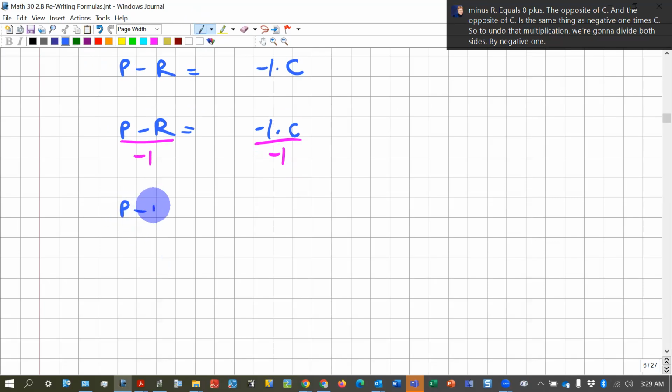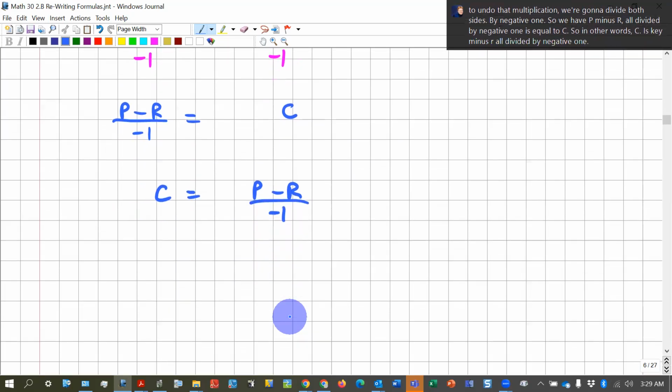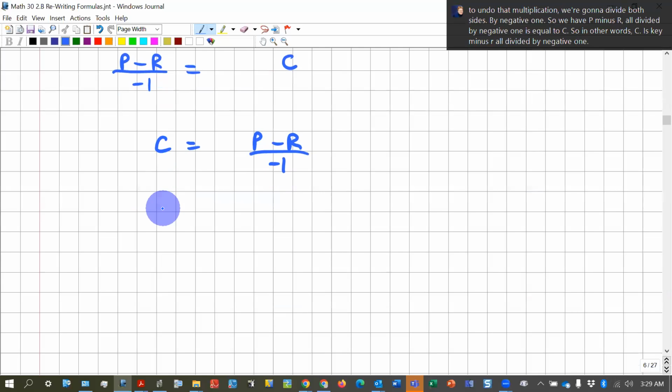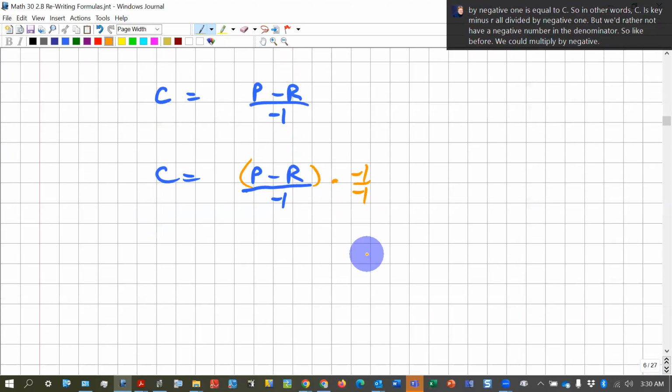So we have P minus R all divided by -1 is equal to C. In other words, C is P minus R all divided by -1. But we'd rather not have a negative number in the denominator. So like before, we could multiply by -1 over itself.